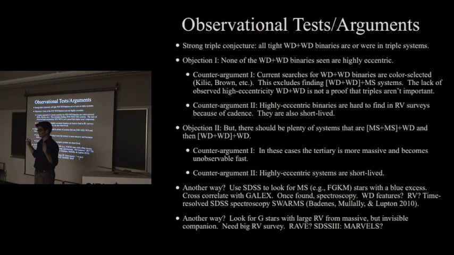Wait a minute. If the tertiary is a main sequence star, if I look at G stars, then you're considering, say, a system where you have a separation of a few solar radii with two white dwarfs, and the companion is at 50 AU, 20 AU, well, not several AU.